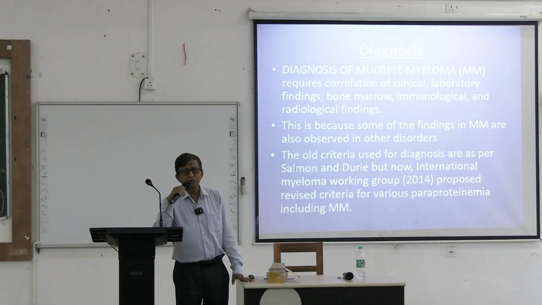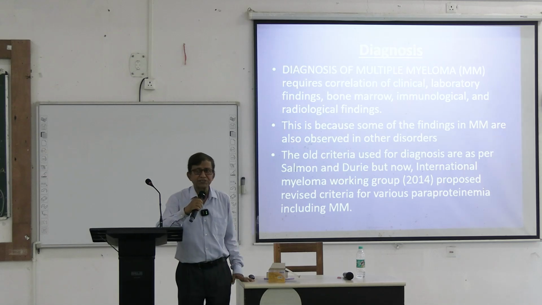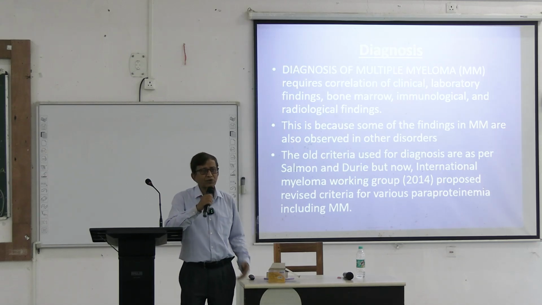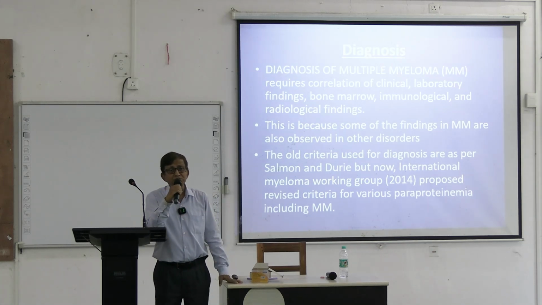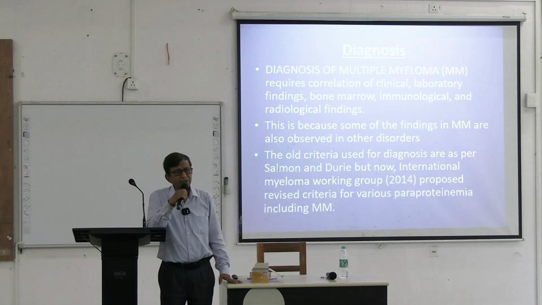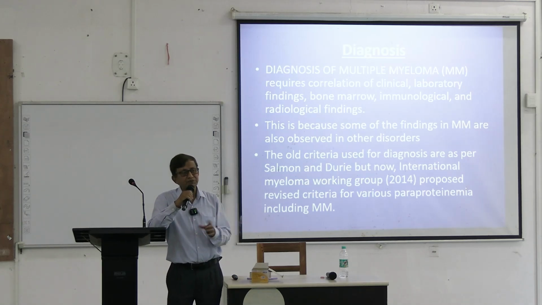Suppose I have done a bone marrow examination of a patient suffering from fever of unknown origin for 6 months, and another patient with plasma cell myeloma. How do you differentiate? First is the percentage of plasma cells, maybe 6%, 7%, it will never exceed 10%. Second point, the total plasma protein will never go beyond 3 gram %.